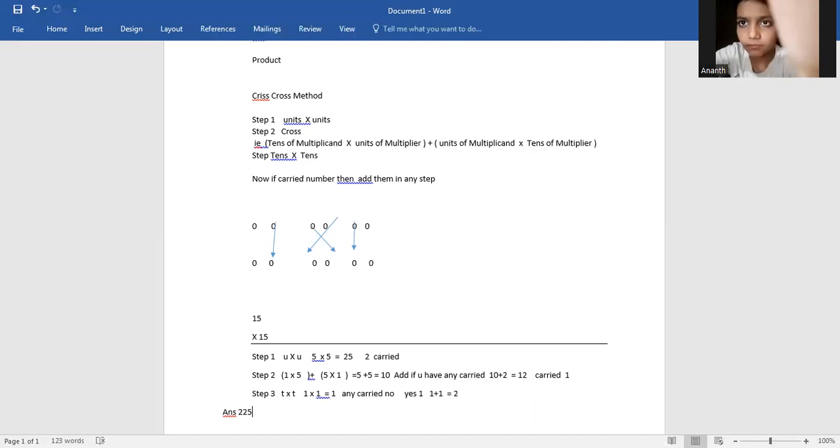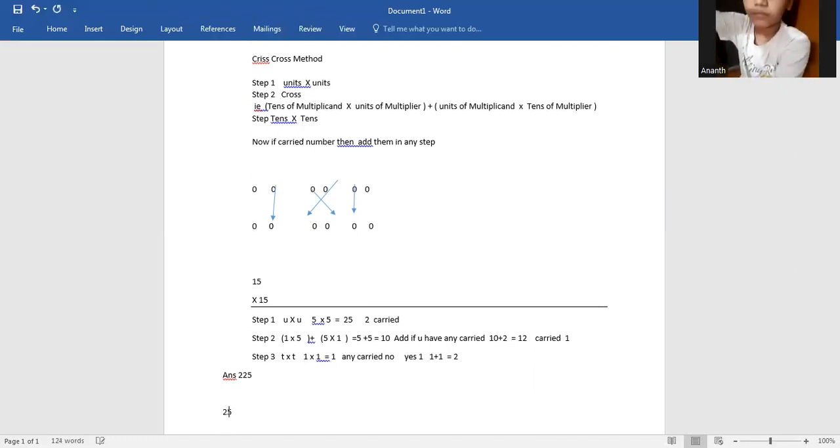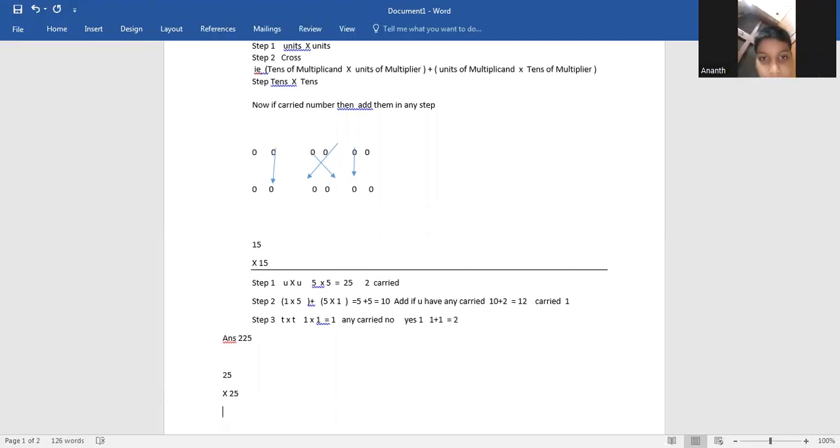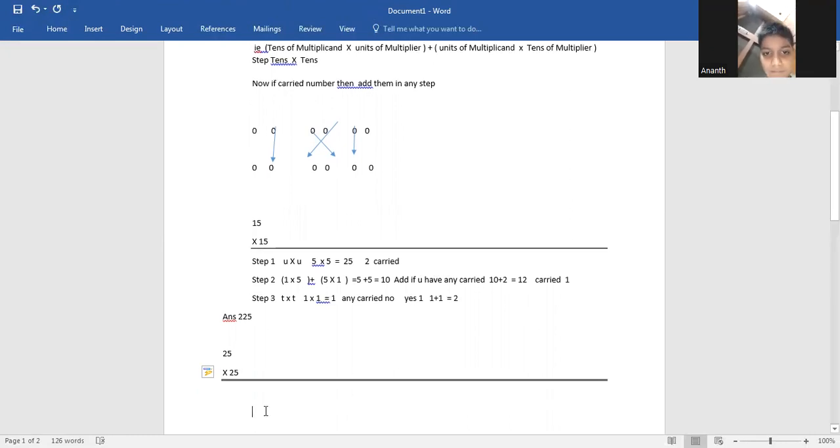Right? See, if you want to be like this perfection, first learn to write. The more you write, do mathematics sums, the more it will be. Now tell me, 25 into 25, first step, what is first step? What is first step, Anand? First step is unit into unit. 5 into 5, 25. 5, 2 carried.